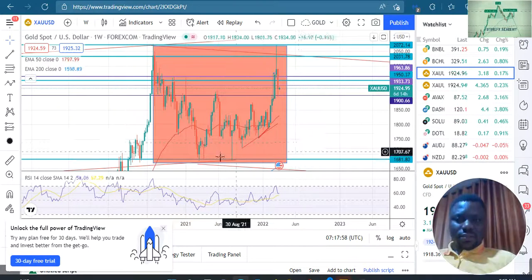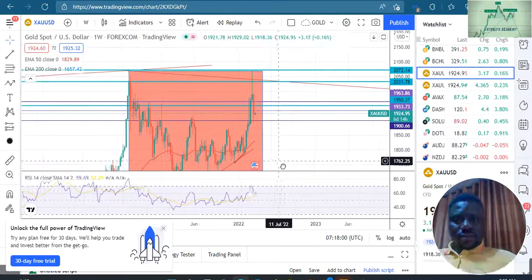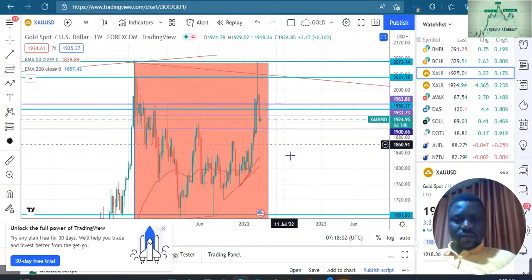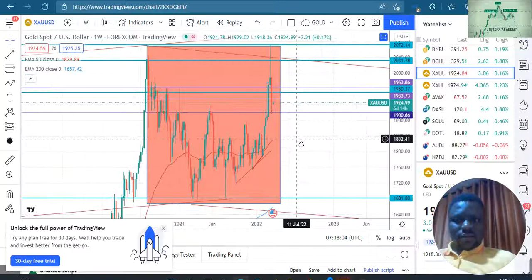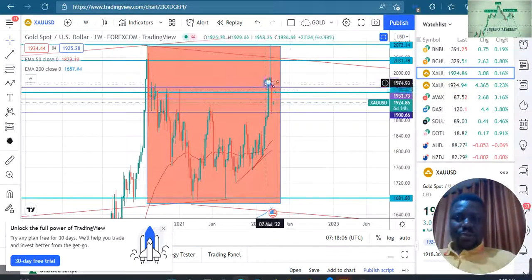Looking at this triangle, you can see this particular box. You can see that gold has already formed something like a cup.